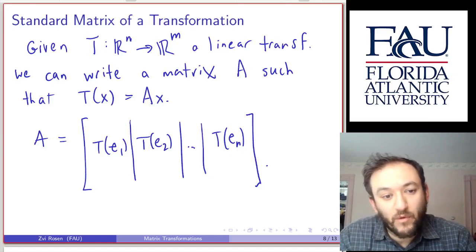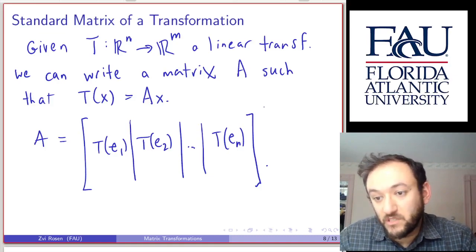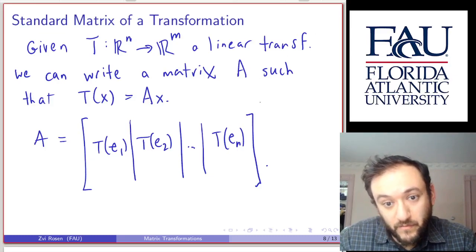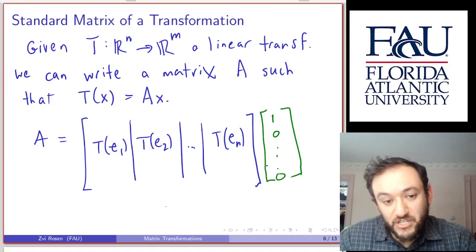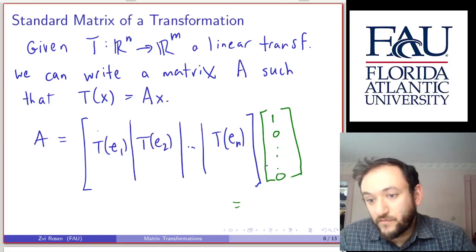And you can even see why this would be when you're looking at this. What happens when I multiply by the first standard basis vector? We'll do this in green because it's an example. So you have 1, 0, 0. Well, when you do this multiplication, this would give you only the first column, right?